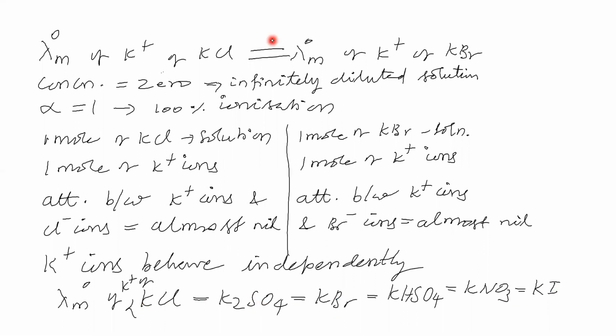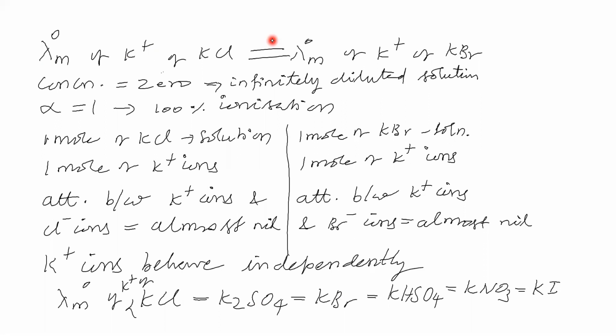Therefore, lambda m naught of cation remains the same whatever the anion present in the solution. In the same way, we can conclude that lambda m naught of anion remains the same whatever the cation present in the solution.